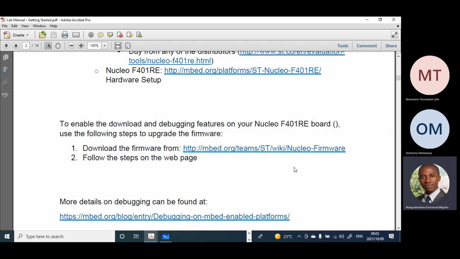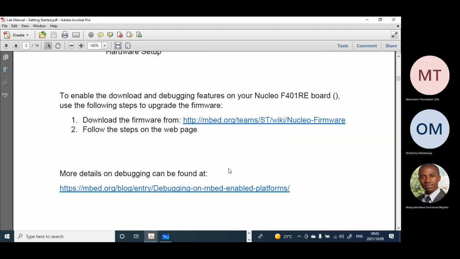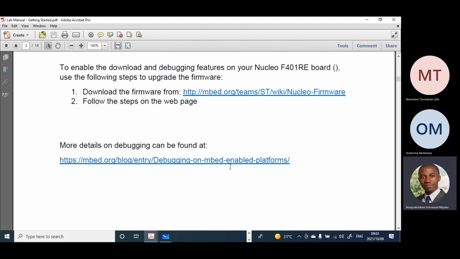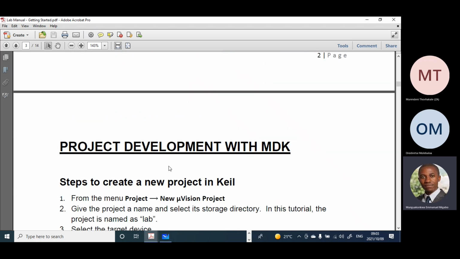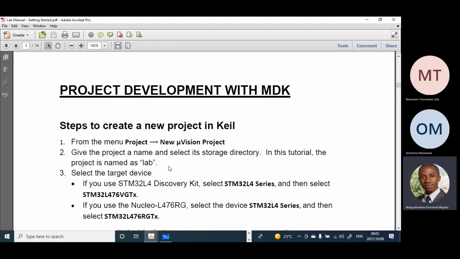For you to be able to debug, you'll need to download the Nucleo firmware on this link and install it. Some more information about the debugging approach for this board is given here. Of course, as we go along, we'll have a session where I'll show you how to do the debugging and all of that.